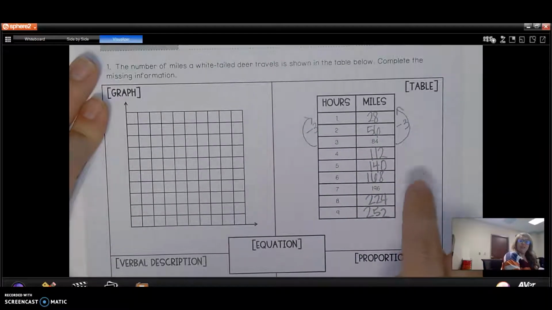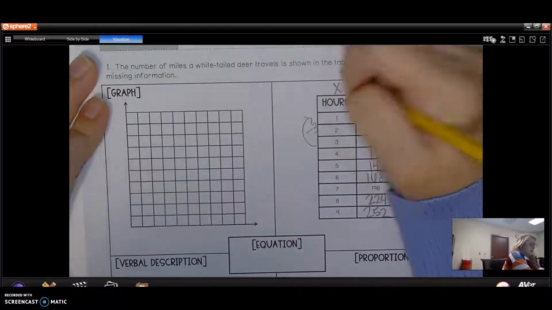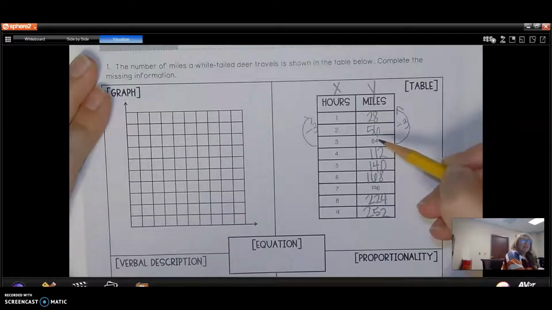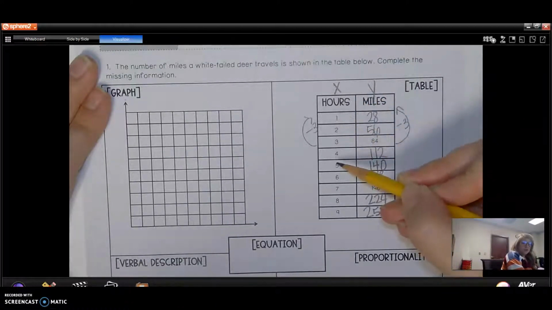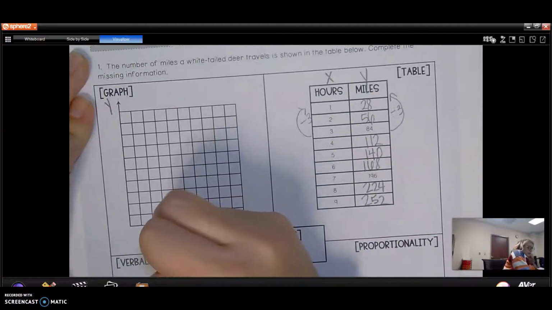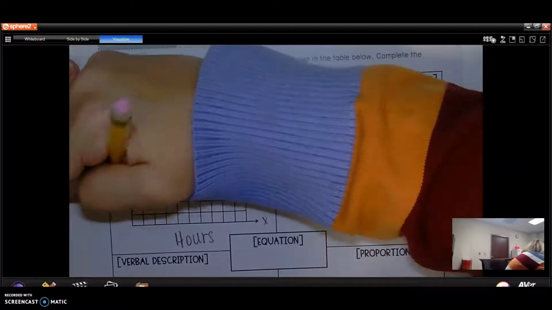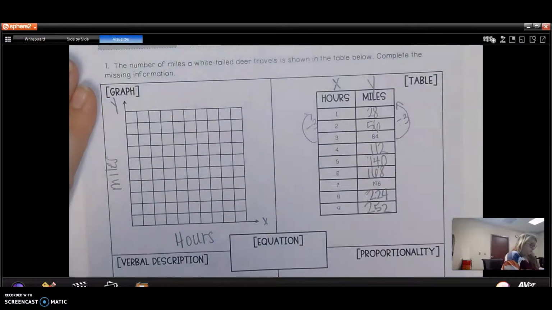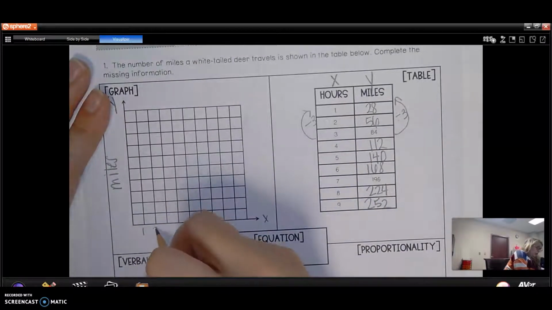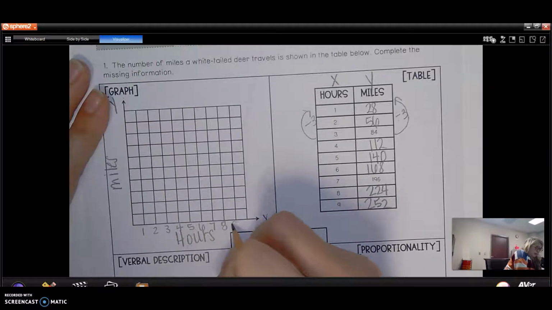Okay. This is the part where it's going to get a little complicated. I'm going to use the information here to do my graph. Okay. So this is my x and this is my y, because the number of miles I'm traveling is dependent on the number of hours. So this down here will be my hours, and on my y-axis, this will be my miles. Okay, so for our scale, we're going to do 1, 2, 3, 4, 6, 7, 8, 9 hours.